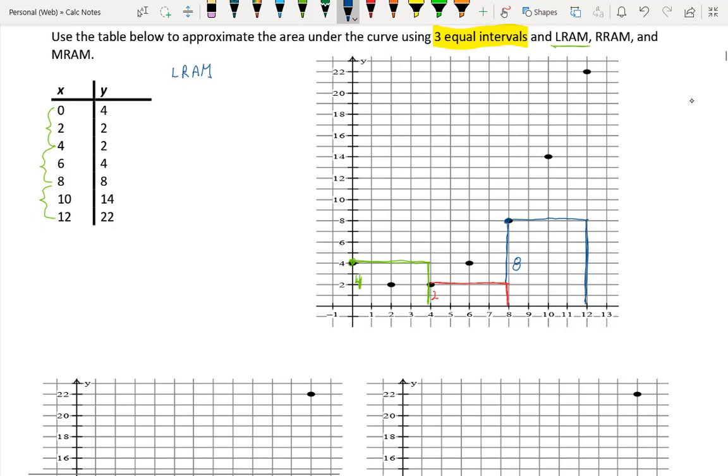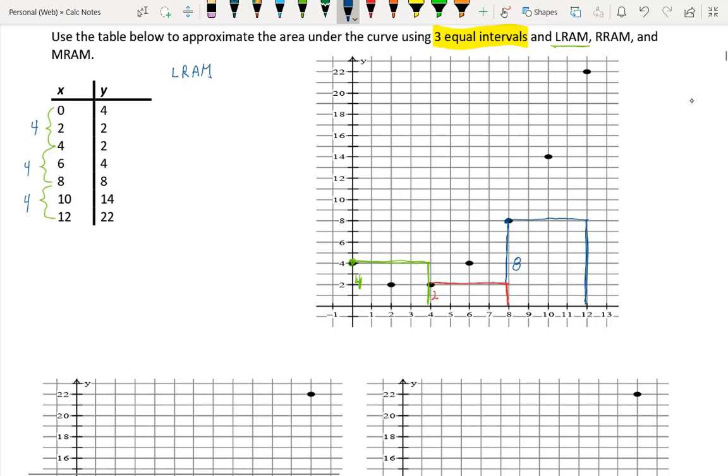You can see that by the way I've drawn the rectangles, but you can also tell because of the intervals on the side of the T-chart. The first interval went from 0 to 4, which left me a base of 4. The second interval went from 4 to 8, which left me a base of 4. And the third one went from 8 to 12, which left me a base of 4. So all the bases here are 4.